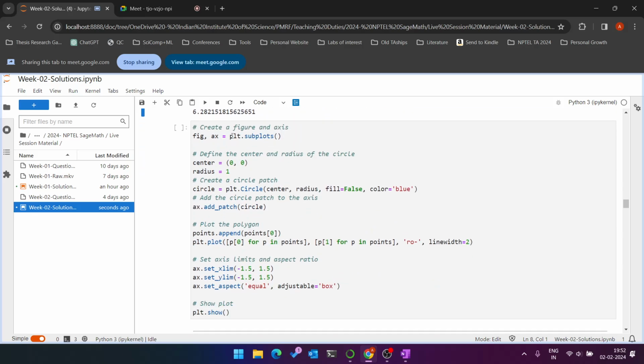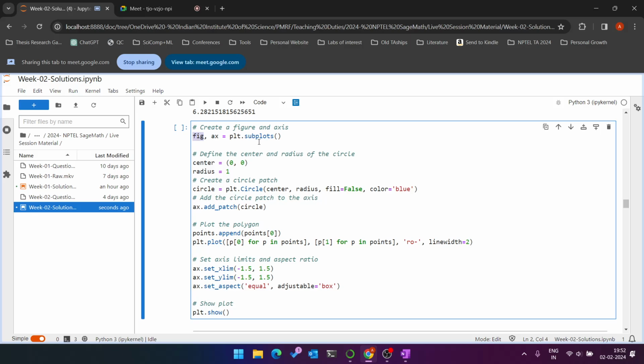So we are defining our figure and axis. Then we are defining a center and radius for our circle, which is center is 0, 0, radius is 1. We create a circular patch by simply doing plt.circle with center radius. We tell it that the circle should not be filled and it should have a boundary of blue. This is how I'm doing it.